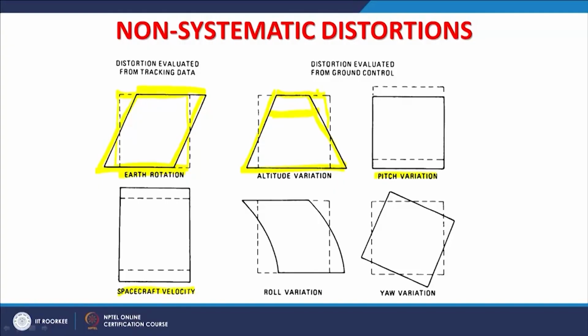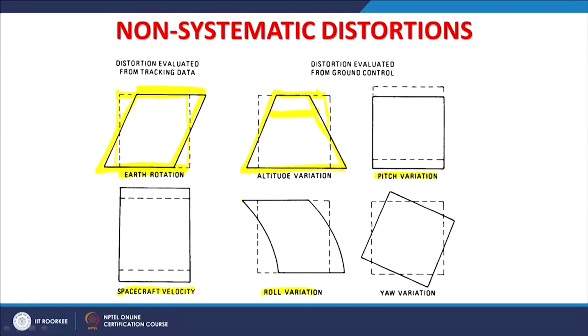If the spacecraft velocity suddenly changes, again there will be error. And roll, if it rolls like this, perpendicular to the direction of the orbit, then it may bring an error something like that, where the image would be representing this, whereas we expect the dashed-line area.